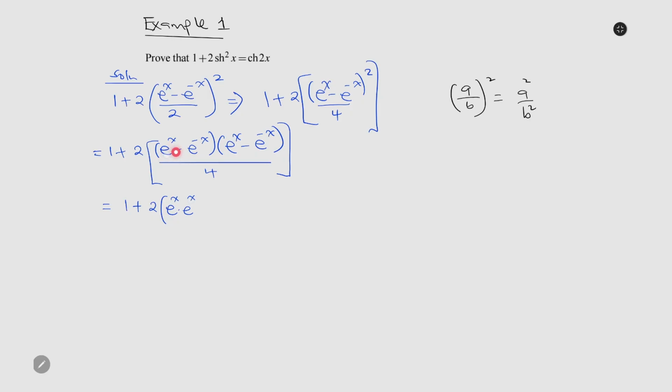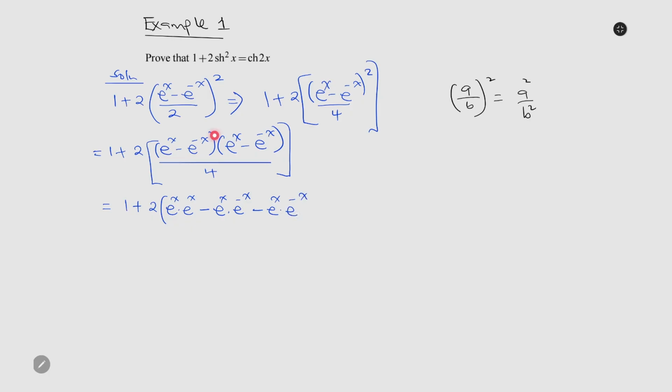Now e^x times e^(negative x), remember it's a negative here, so I will have negative e^x times e^(negative x). Then minus, for this minus here, e^(negative x) times e^x will give me e^x times e^(negative x).